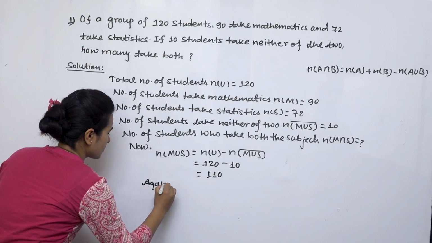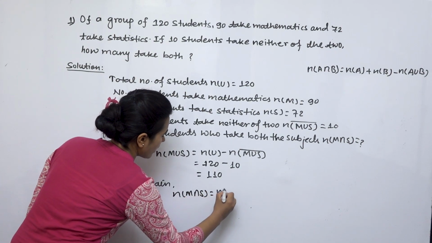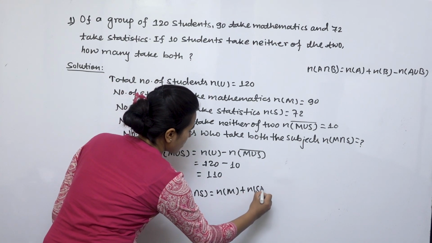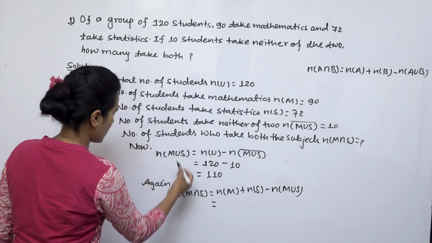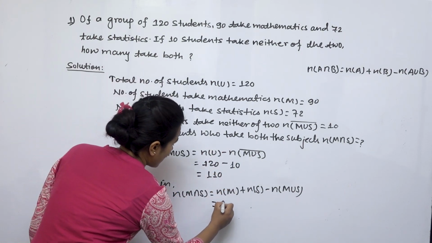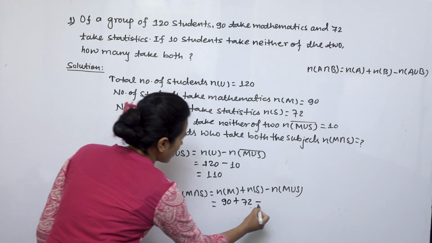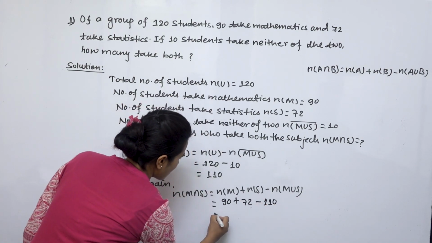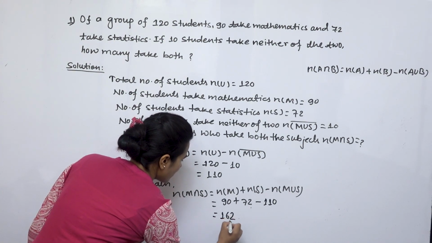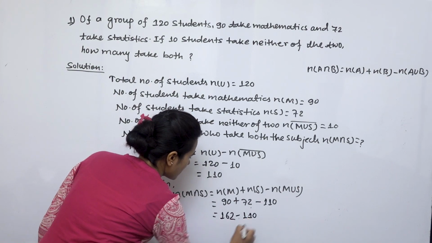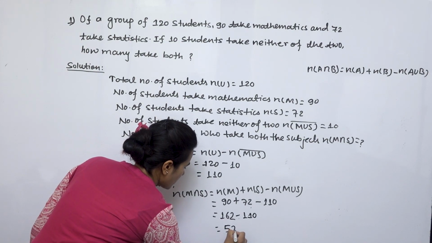Again, n(M intersection S) equals n(M) plus n(S) minus n(M union S). So n(M) we have 90, plus n(S) we have 72, and just now we found n(M union S) is 110. 90 plus 72 is 162, minus 110 is 52.